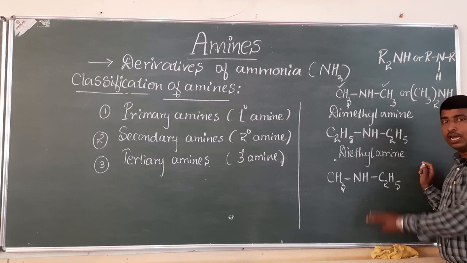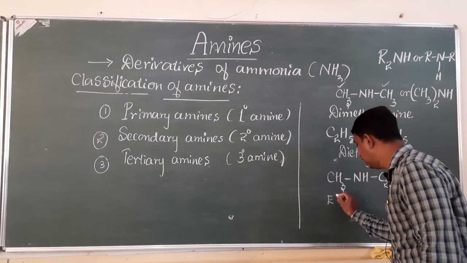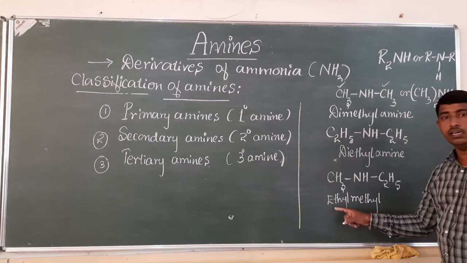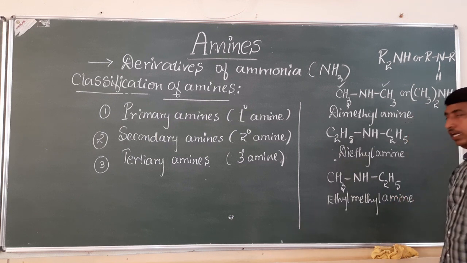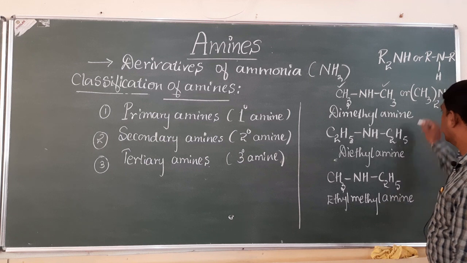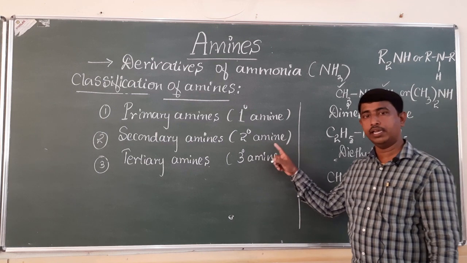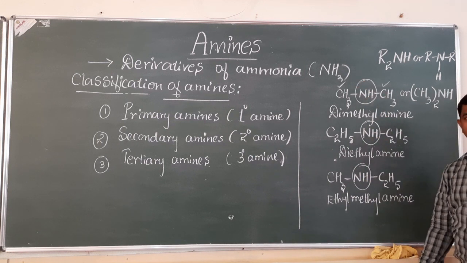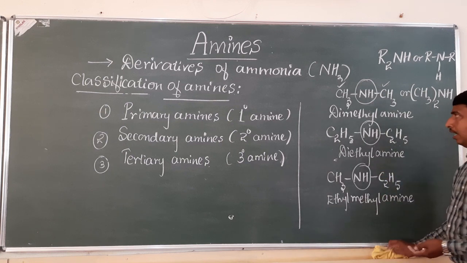Ethyl and methyl: E comes first, so it is ethyl, then methyl, then amine. Ethylmethylamine. So dimethylamine, diethylamine, and ethylmethylamine are all examples of secondary amine. The functional group of secondary amine is NH, whereas NH2 is the functional group of primary amine.